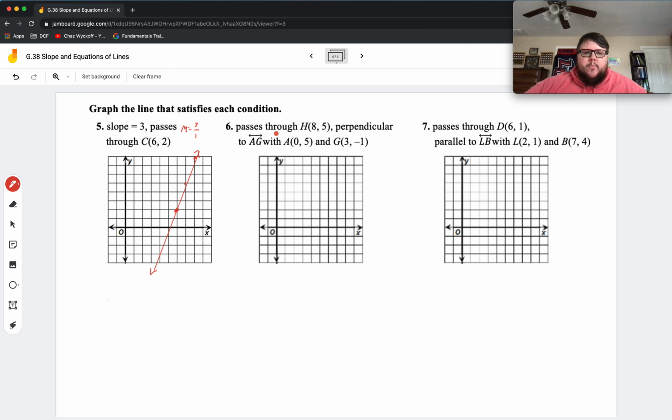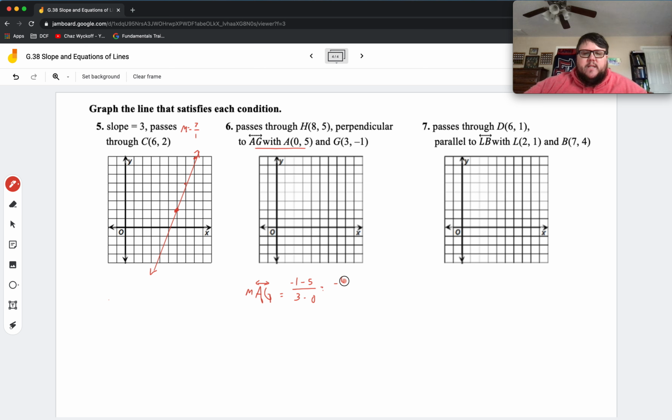All right, number 6 says it passes through H, but perpendicular to AG. So the first thing I need to do is find the slope of AG. Equals Y2 is going to be -1, minus Y1 is 5, and X1 is 3, minus 0.